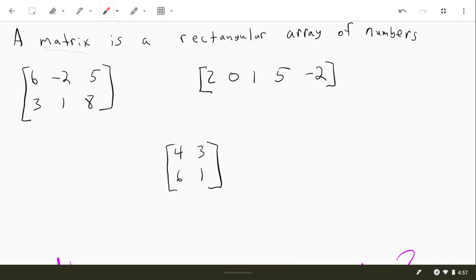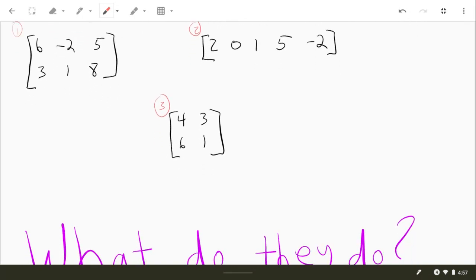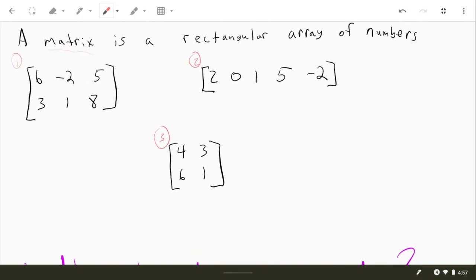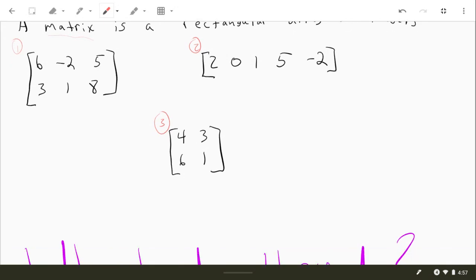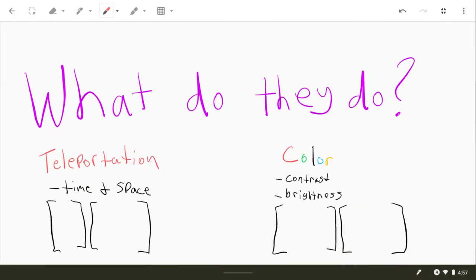I've got three matrices here for you. They're not that interesting to look at, but they are interesting. The thing I want you to keep in the back of your mind is that matrices do something. They represent stuff.